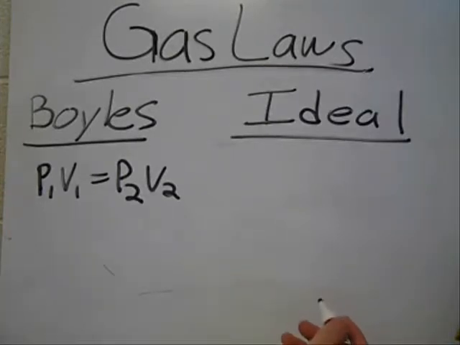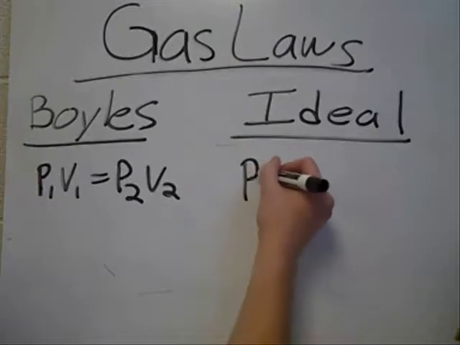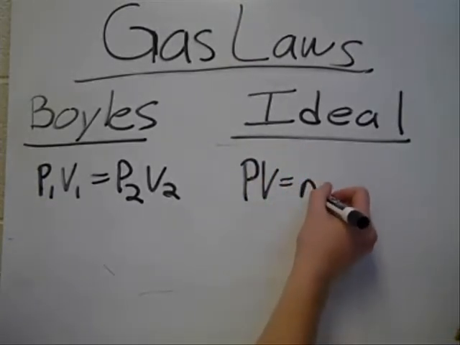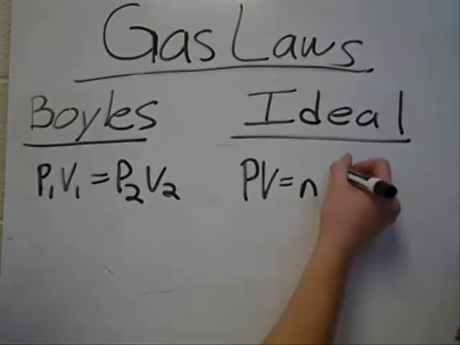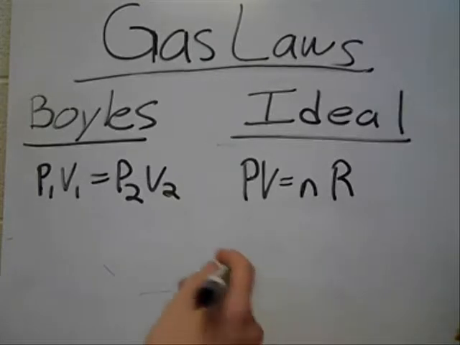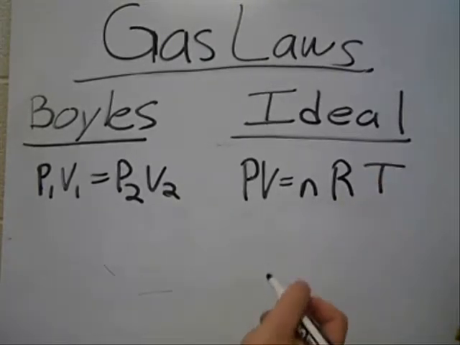And the ideal gas law is going to be PV, pressure times volume, is equal to n moles, R, which is a constant that somebody with too much time on their hands thought of, times temperature.